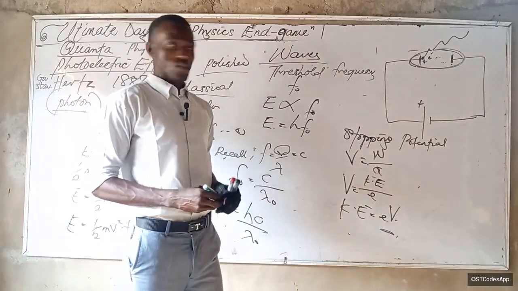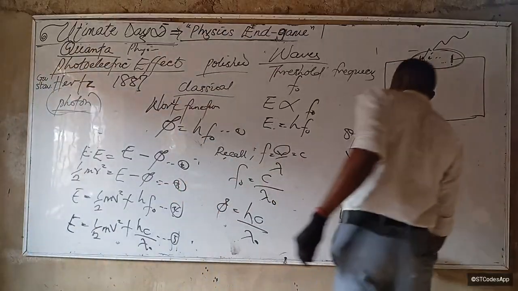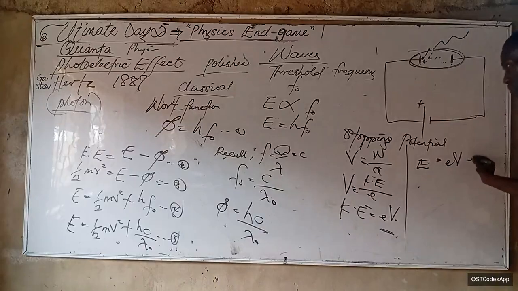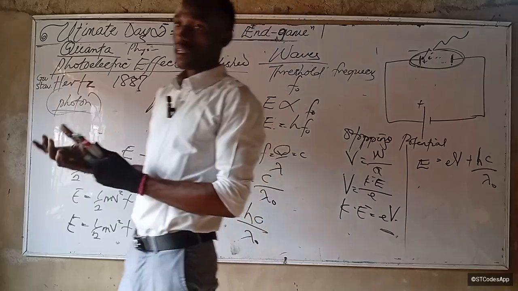Is it clear? So ideally, we could also say that our equation from here, we turn to what? Total energy equal to what? eV plus hc over lambda naught. Are we good? So those are different forms of the formula I use to solve questions under photoelectric emission.